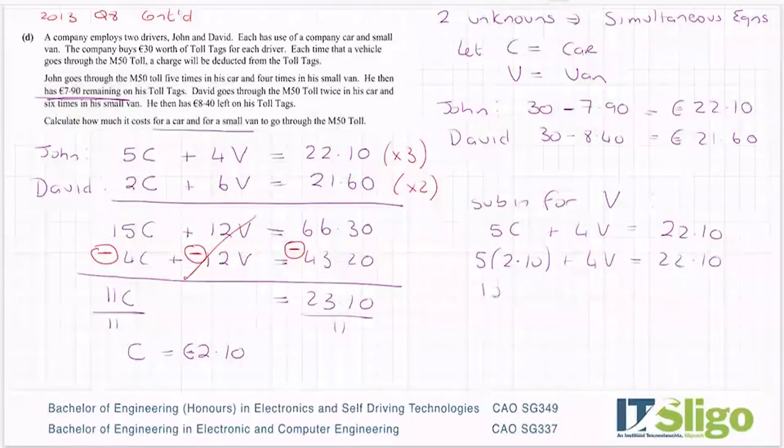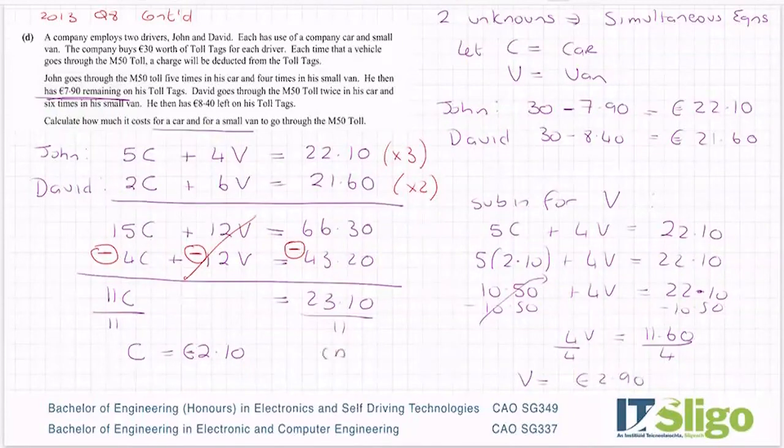So this is 5 2s are 10.50 plus 4V is equal to 22.10. Minus 10.50 from both sides, or bring it over, whichever you prefer. So I'm getting 4V is equal to 22.10 minus 10.50. So that's 11.60. Divide by the number in front of V, and I'm getting a van is 2.90.